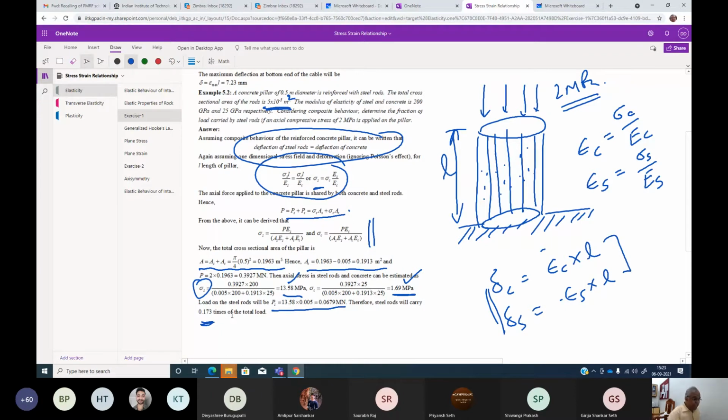So you see the area is very low, 0.005, but it carries a huge amount of load because it carries very high stress, and that's why those rods are given.